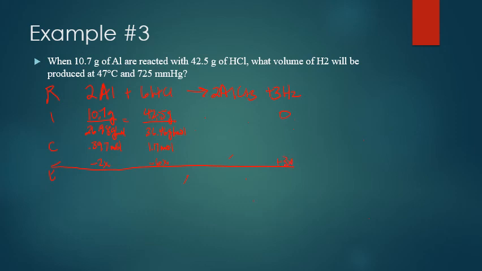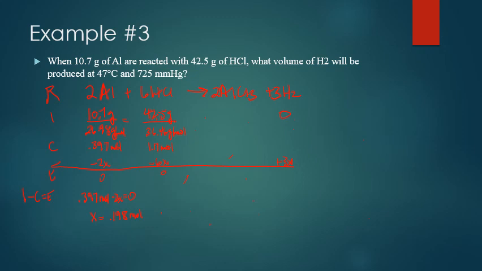So now to figure out my limiting reactant, again, we're going to set each of these initial ones equal to 0 to see which one has the smaller x. So again, we're taking I minus C equals the E. So I have 0.397 for my moles minus 2x equals 0. So I can add 2x to both sides and divide by 2. And my x value that we would get would be 0.198 moles.